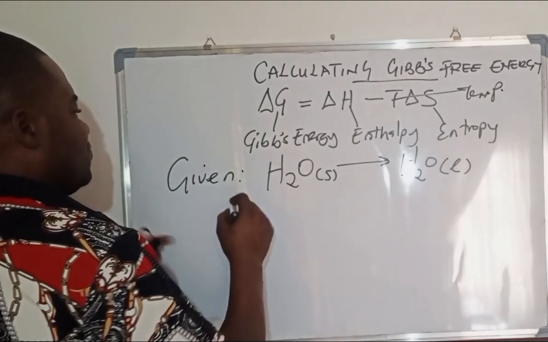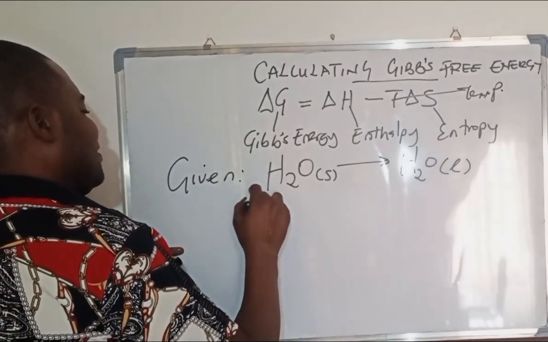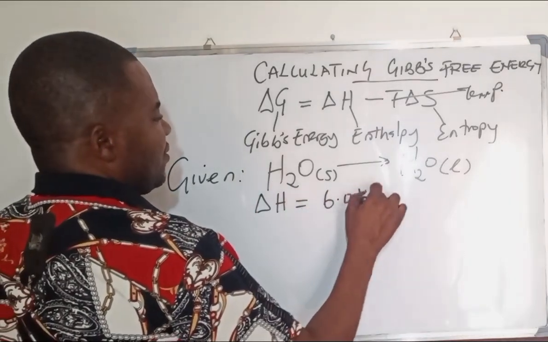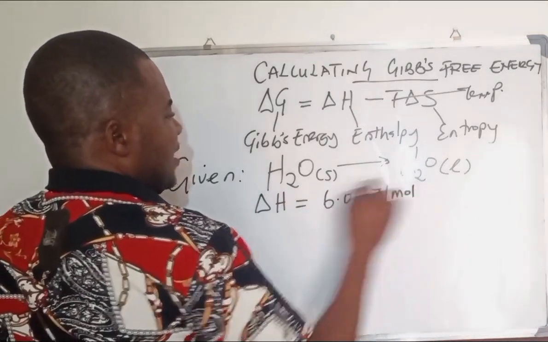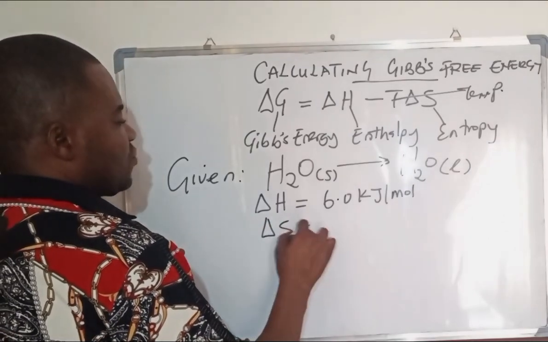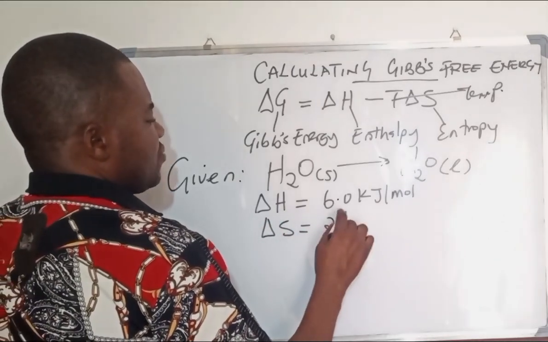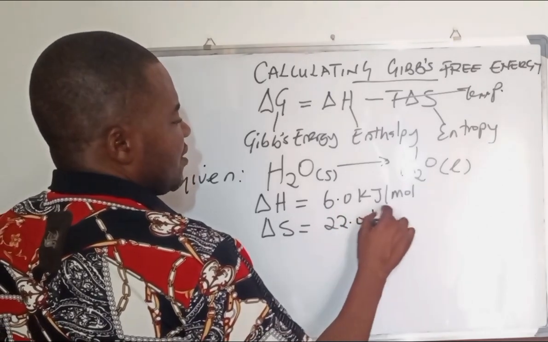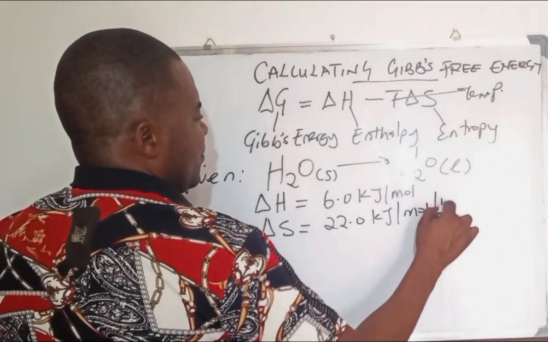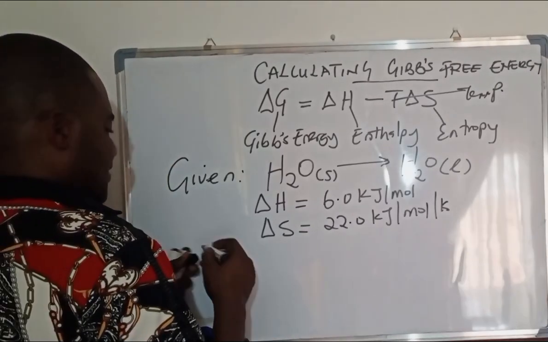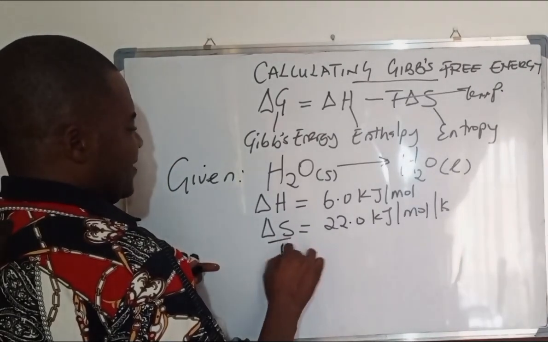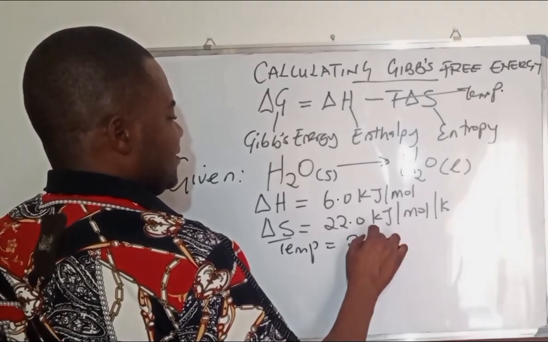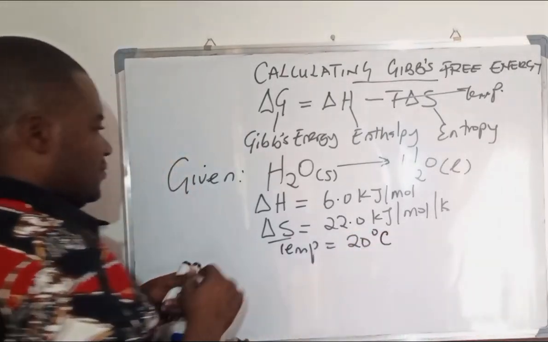And in this reaction, we are told that delta H, which is the enthalpy, is 6.0 kilojoule per mole, and delta S, which is the entropy, is 22.0 kilojoule per mole per Kelvin. The temperature of operation is 20 degrees Celsius.